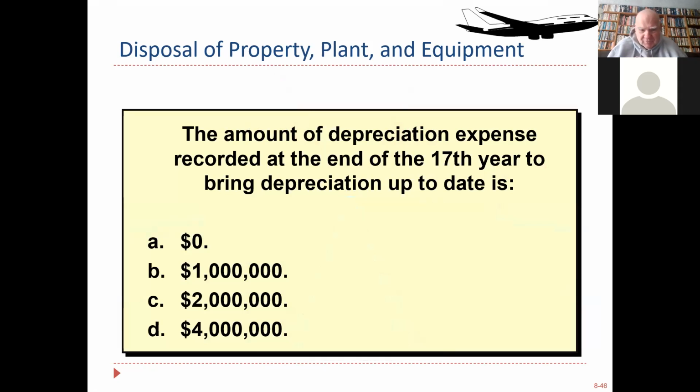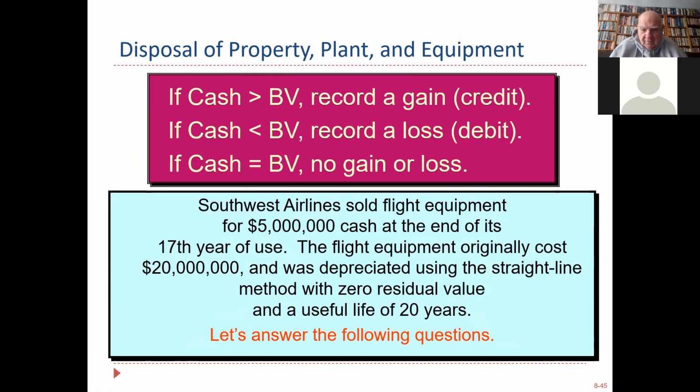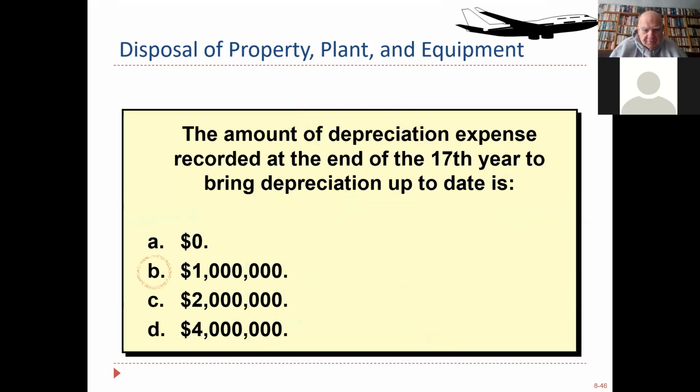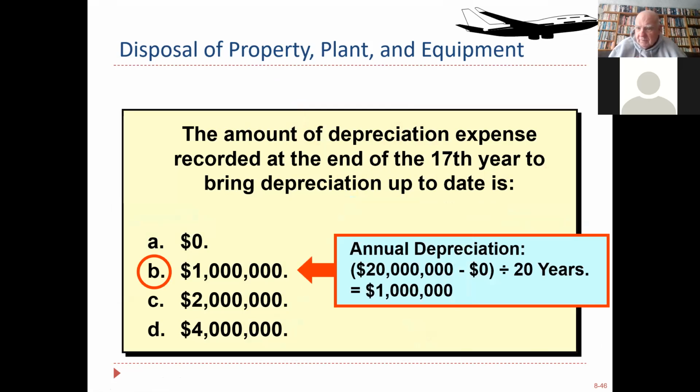I'm getting my decimals mixed up here. The amount of depreciation to record in the 17th year is going to be that $1 million, hopefully, huh? Glad I got that right. Annual depreciation, 20 million divided by 20 is $1 million a year. So that's not too tough.